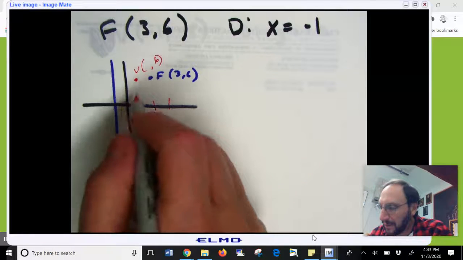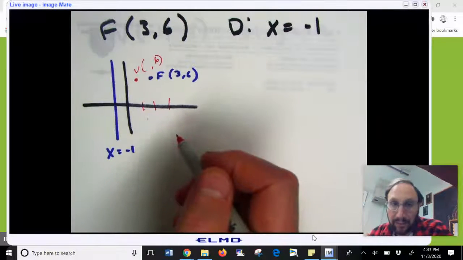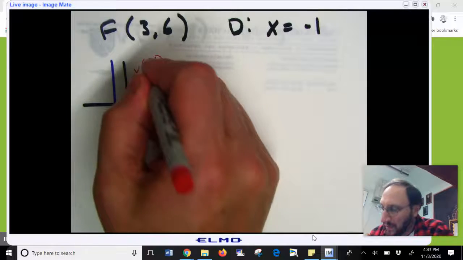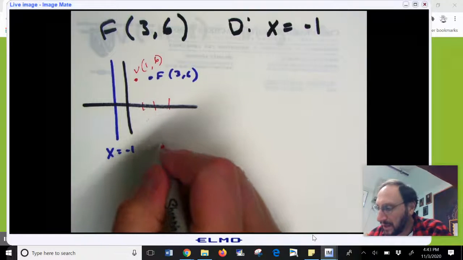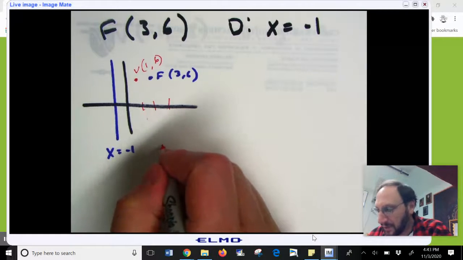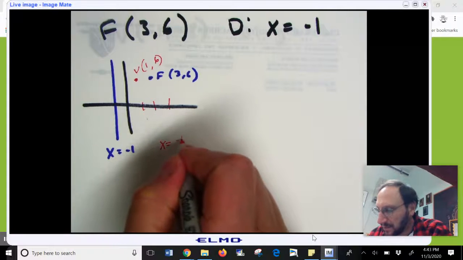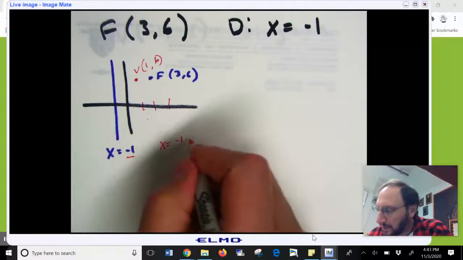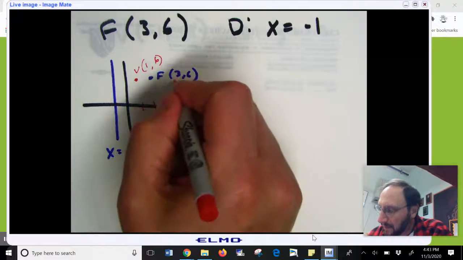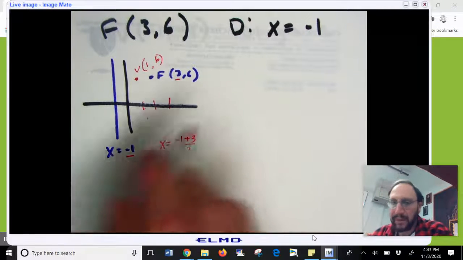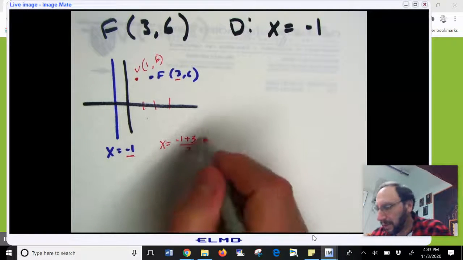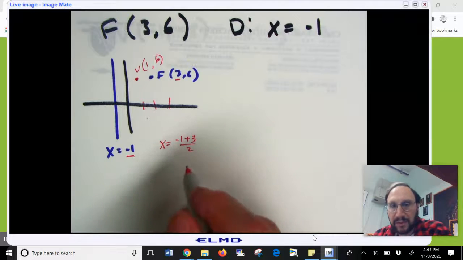So you can figure out that the vertex is right in the middle at positive 1. The other way of doing that is to take the x values and average them: negative 1 plus the 3, the h value of the focus, and divide by 2. So negative 1 plus 3 is 2, and 2 divided by 2 is 1.